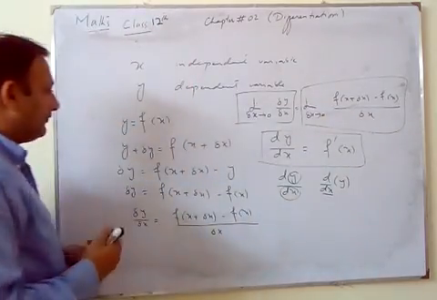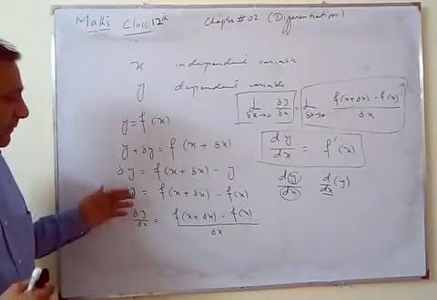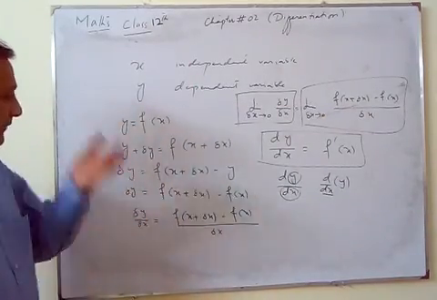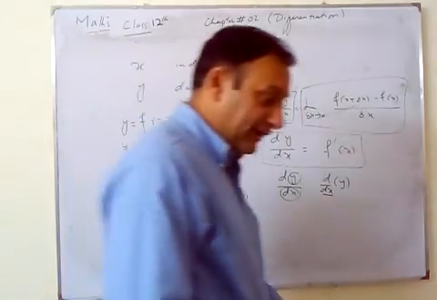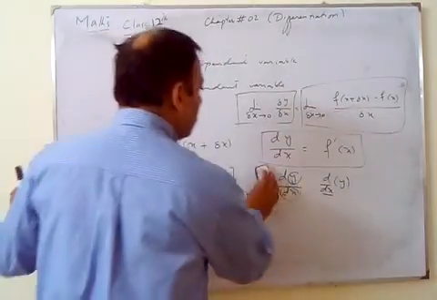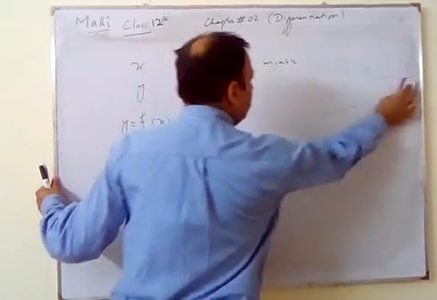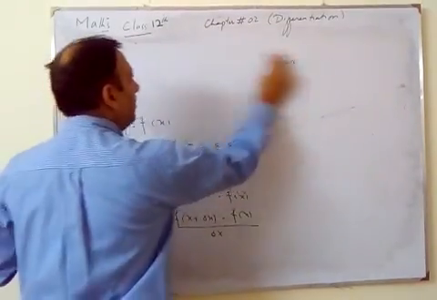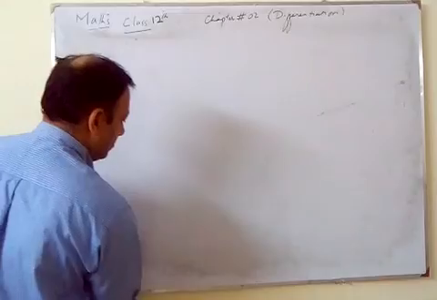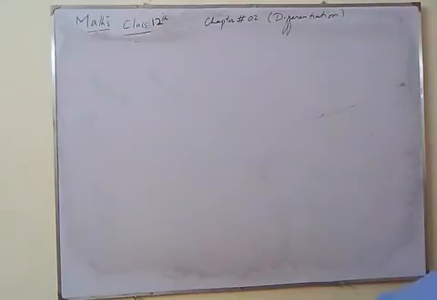So these are the 3-4 steps we follow to find derivatives. I will take a value and then we discuss.